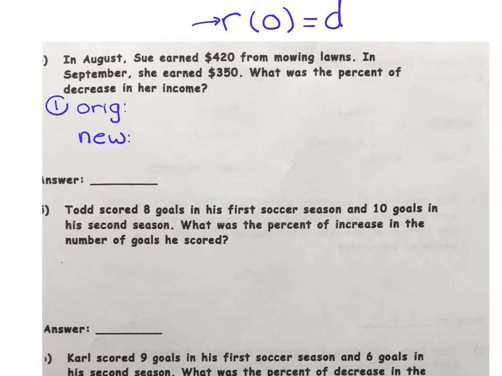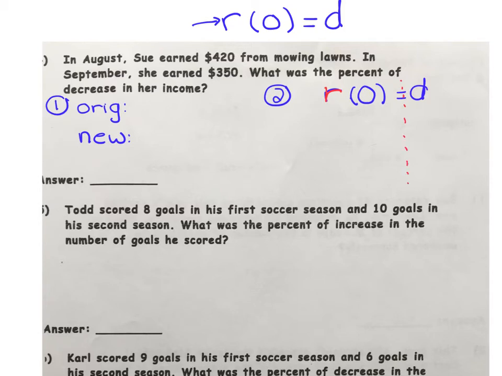Once you find the difference, then you'll move on to the formula. And once again, in each case, you're going to be looking for the rate. The rate that represents the percent of increase or decrease.